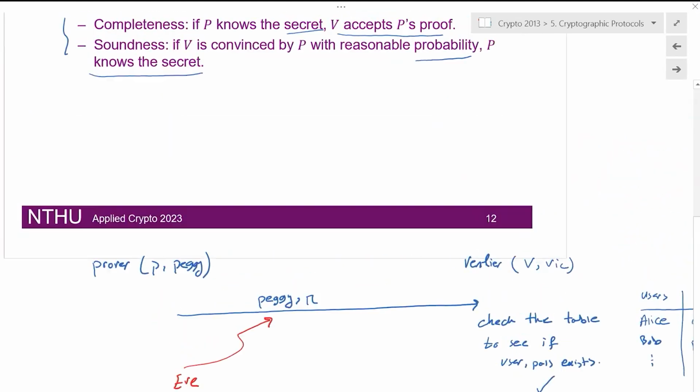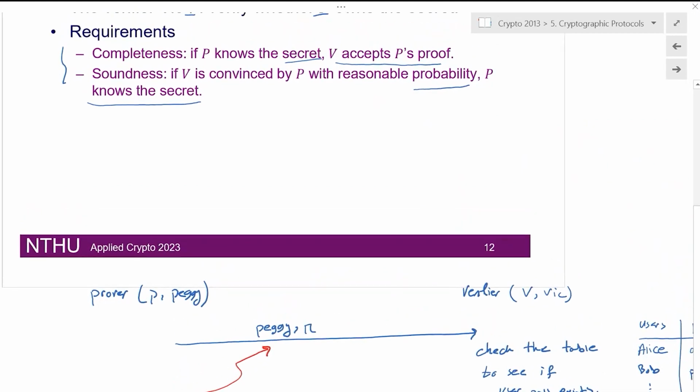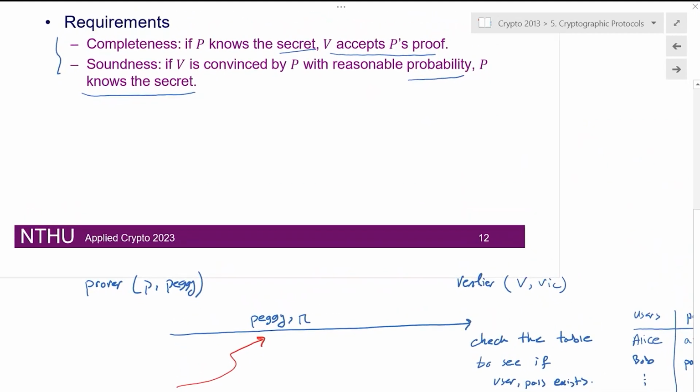But before we start to discuss the issues, this is completeness over here: if the username and password are correct, the verifier would accept it, so we would pass completeness.